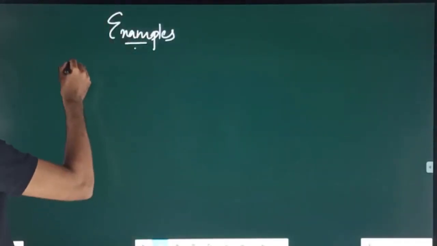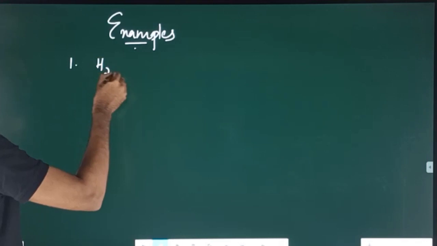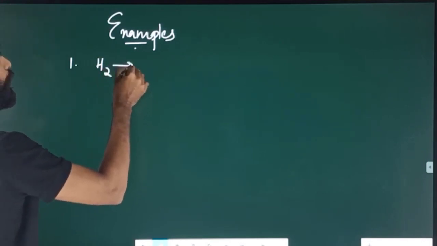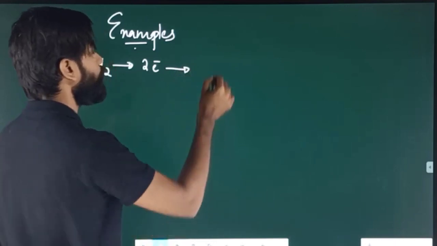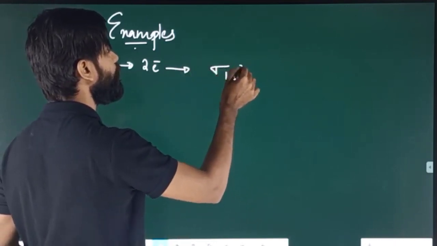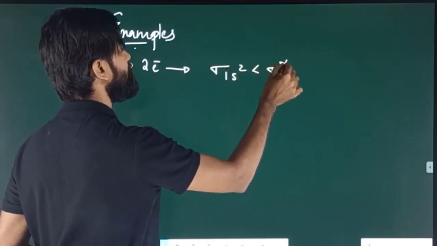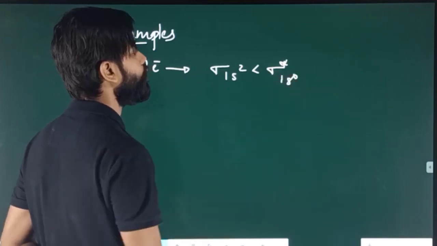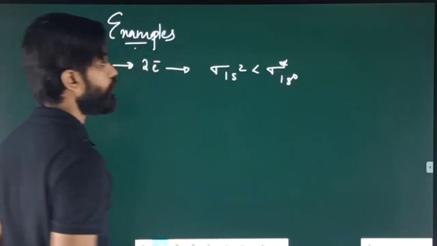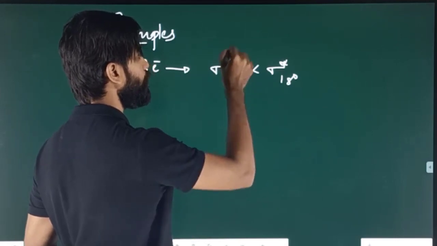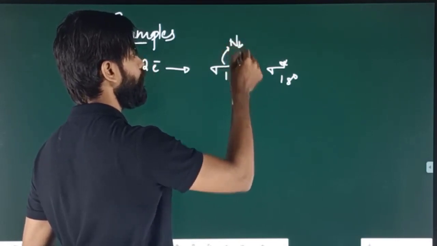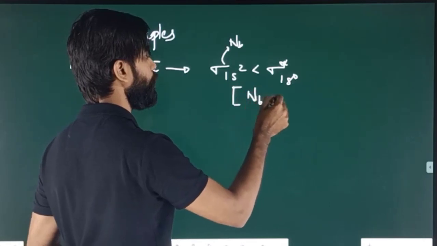Okay. So next we can discuss some examples. Normal examples: H2, only 2 electrons, because hydrogen has 1, so H2 has 2 electrons. So the electronic configuration is sigma 1s2 less than sigma star 1s0. There is no electron in the antibonding molecular orbital of 1s.